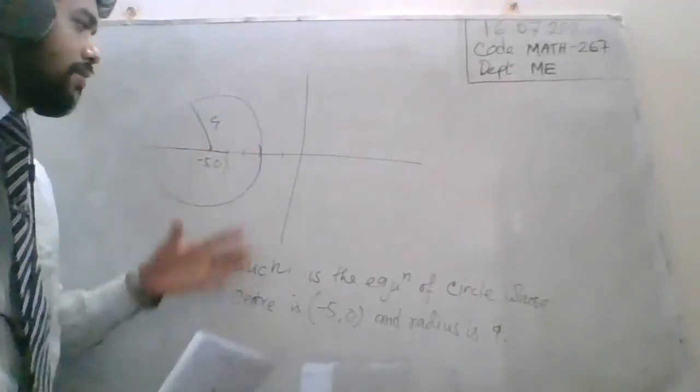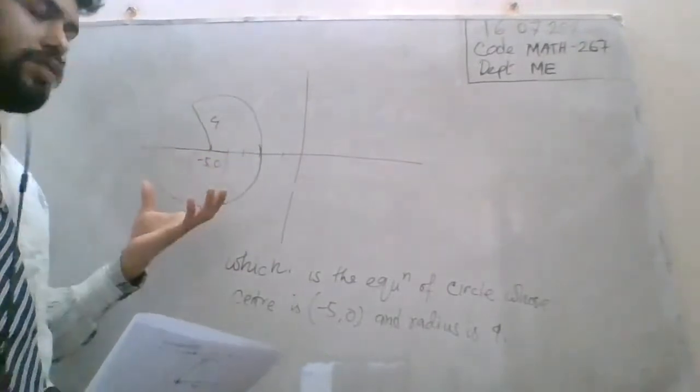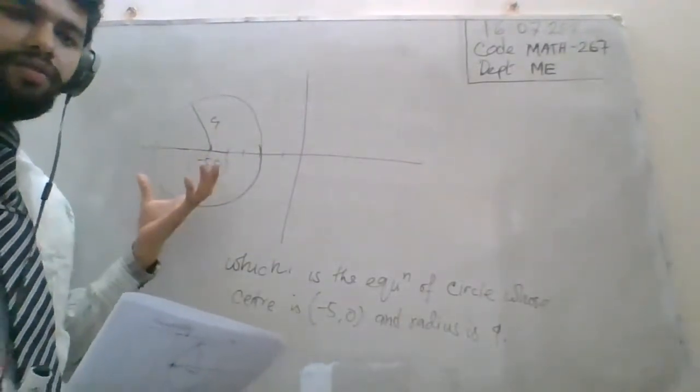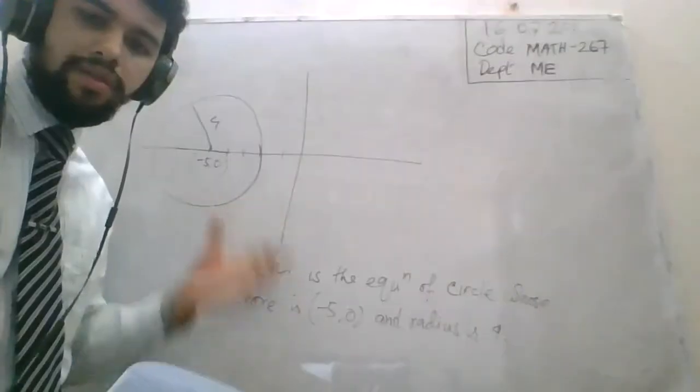Here you can also say that the region of this complex number or the region of this equation is the set of all points of this graphical representation.